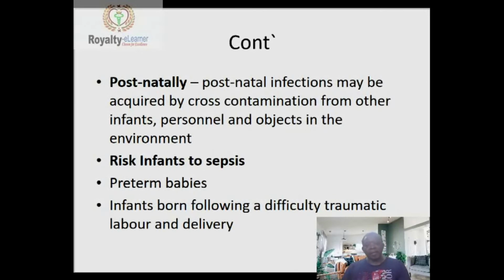Now, postnatally, infection may be acquired by cross-contamination from the infant's personnel and objects in the environment. Other sources include risk infants to sepsis, like preterm babies, because they have very, very low immunity, they are fragile. So these constitute other risk factors to infant sepsis: preterm babies, and infants born following a difficult traumatic labor and delivery.